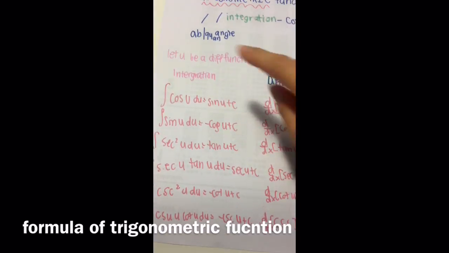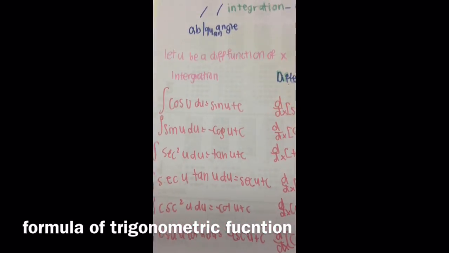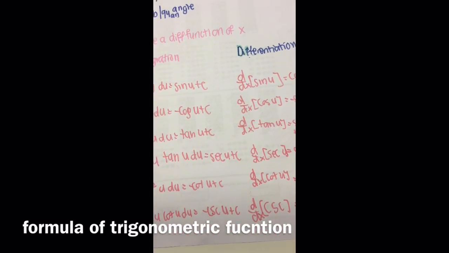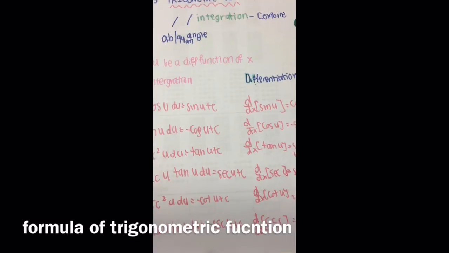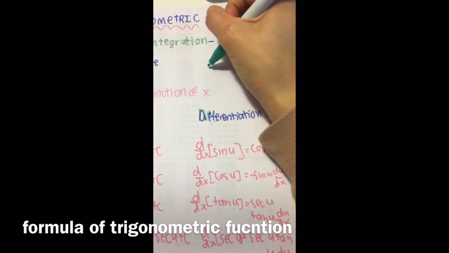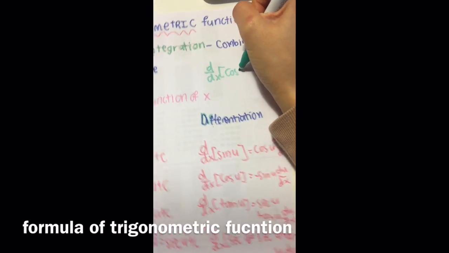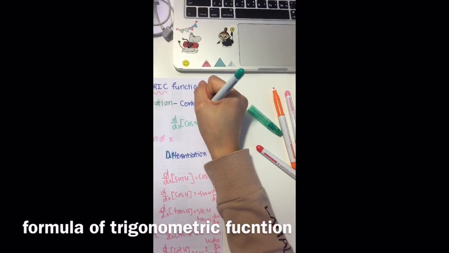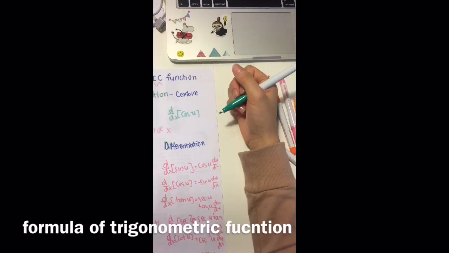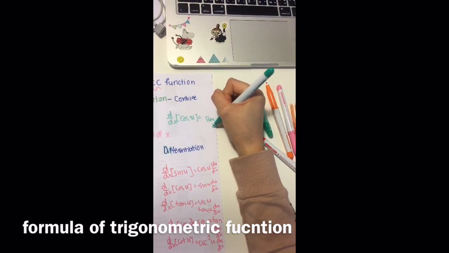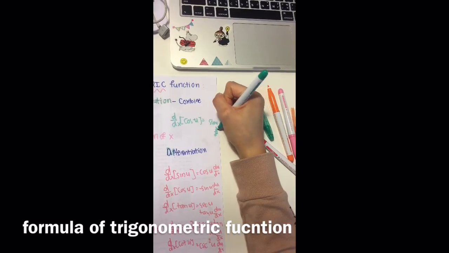Let's keep in mind that u will be the differentiation, and the simplest one will be d over dx of cos u, close parenthesis, then equal to sine u.